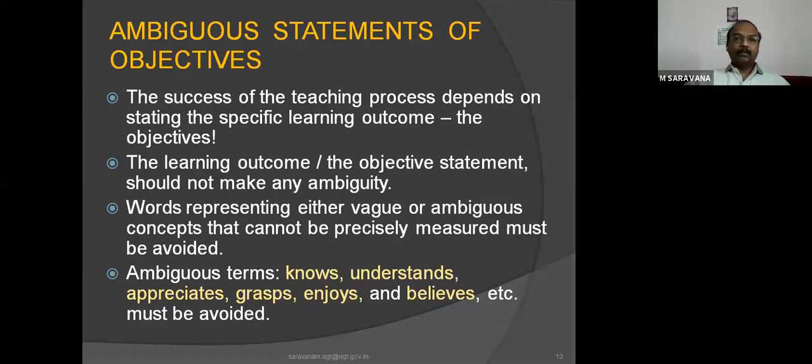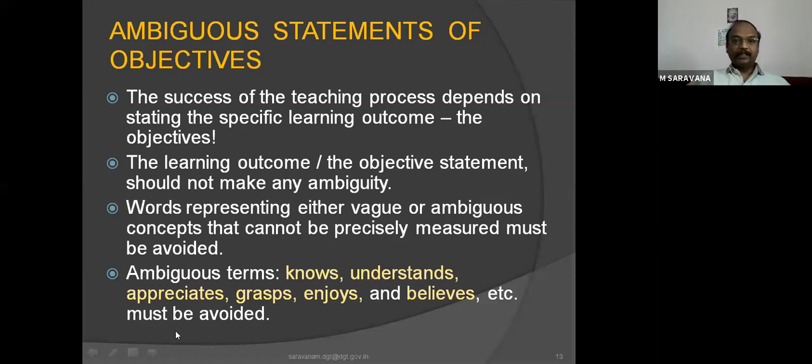How then do we sometimes use ambiguous terms by mistake? Sometimes the words are not measurable. The word itself is an action verb, but all verbs are not measurable.